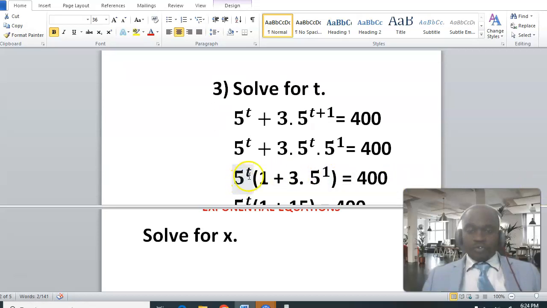Now 5 exponent t, remember there's 1 in front here, so it's like 1 times 5 exponent t. So if I factorize 5 exponent t out, it's going to give me 1 plus 3 times 5 exponent 1, which is equal to 400.